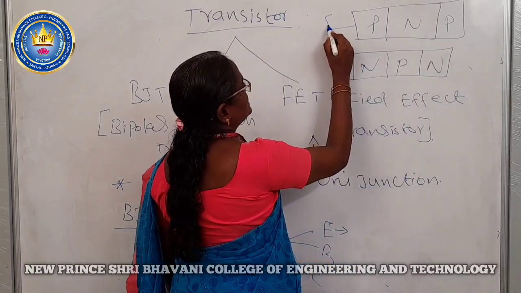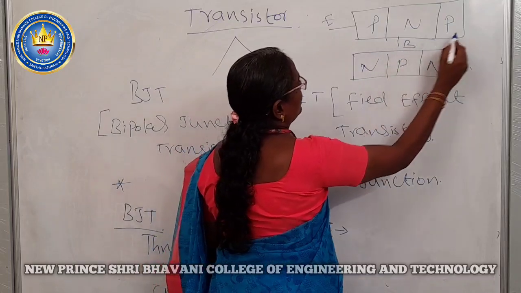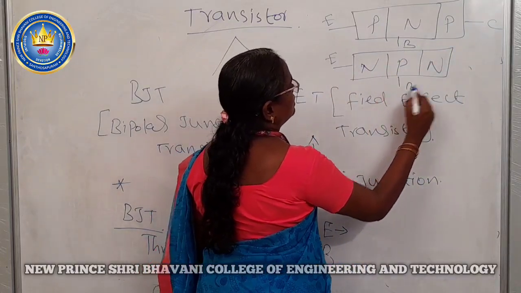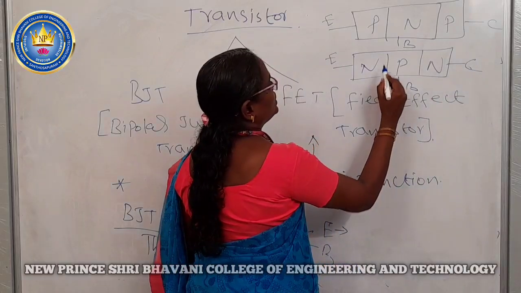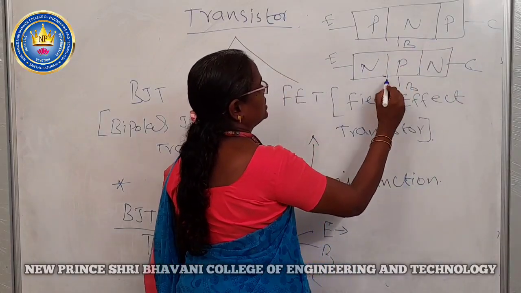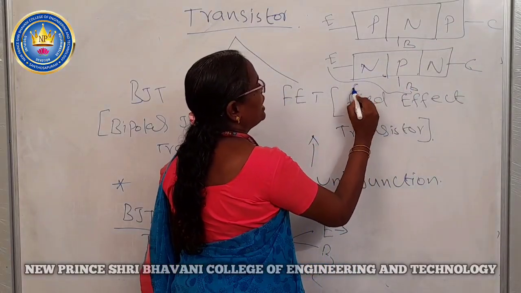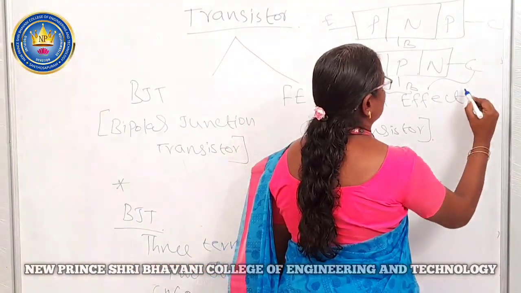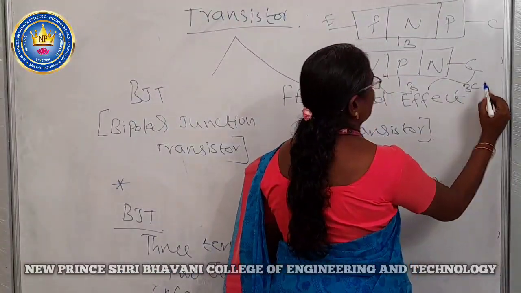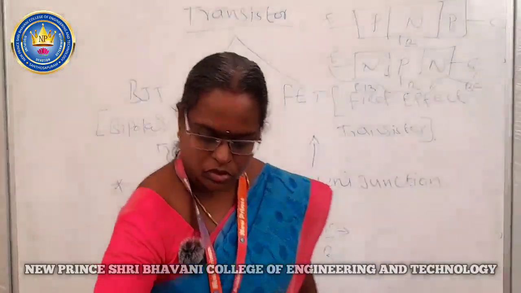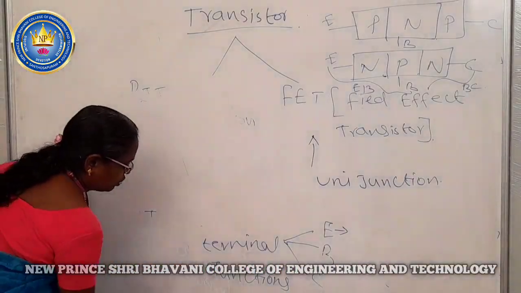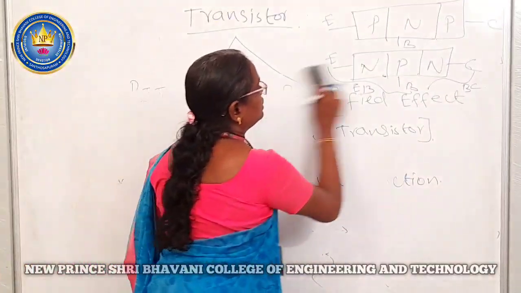The 3 terminals are named emitter, base and collector. This is one junction, and this is another junction. This junction is called the emitter base junction and the other is called the base collector junction. Next, we discussed the operation of BJT.